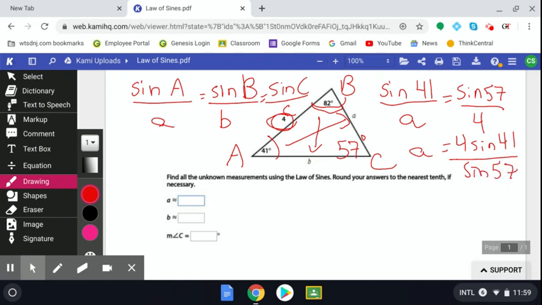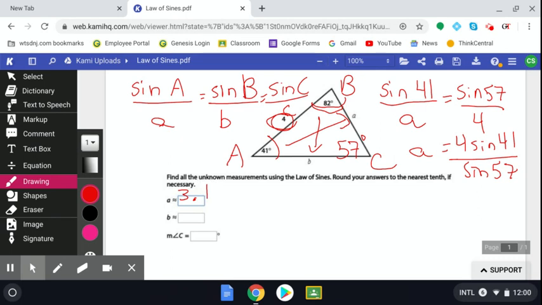And when I enter that on the calculator, 4 times sine 41 and I divide that by sine 57, I get 3.129. They want me to round to the nearest tenth, so it would be 3.1. So that means that small a should be 3.1. Okay?